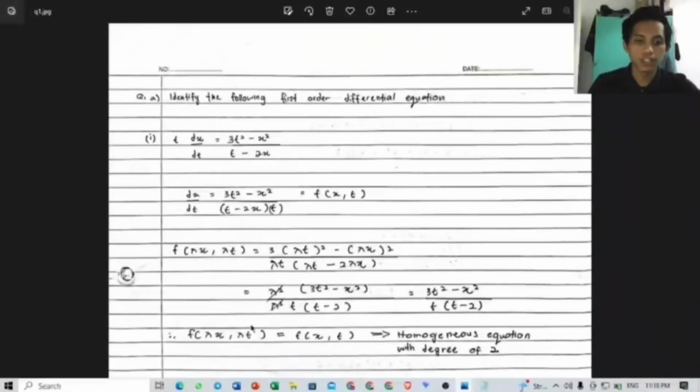Okay, we cancel out the lambda, and this is the answer. The answer is just like the question, which means f(x,t) can be solved as a homogeneous equation with degree of 2.